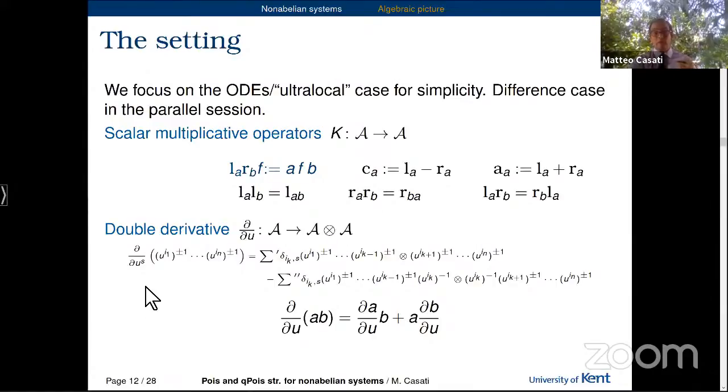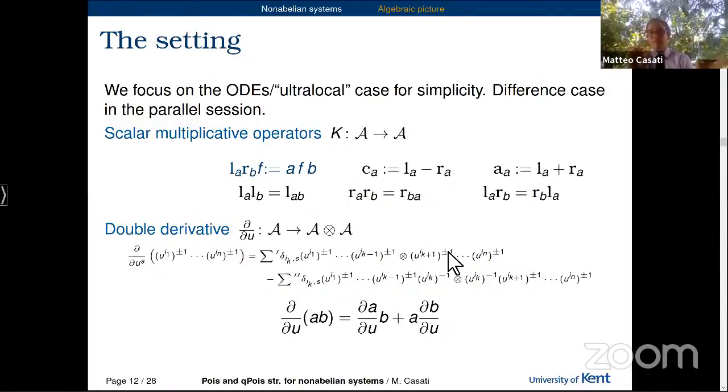I have what is called a double derivative. The formula here is quite nasty looking. This simply means that you enter with your derivation operator inside a monomial, and if you hit the variable you are taking the derivative for, you split the monomial into bits, one on the left before that, one on the right after that.